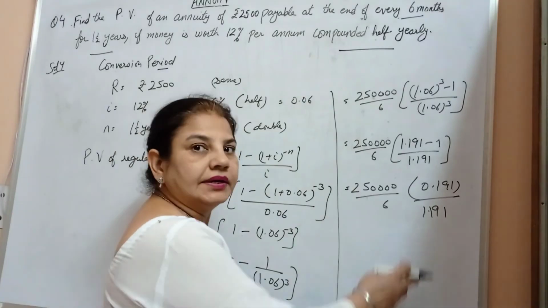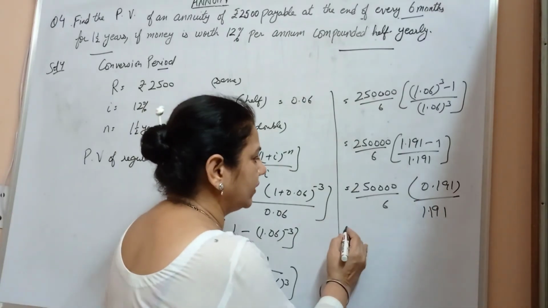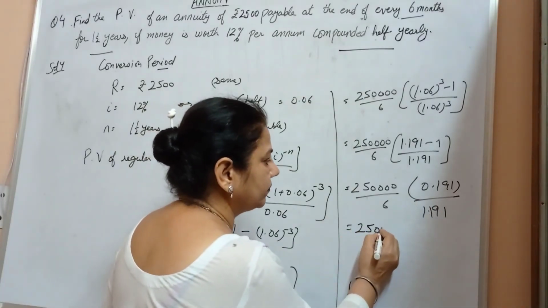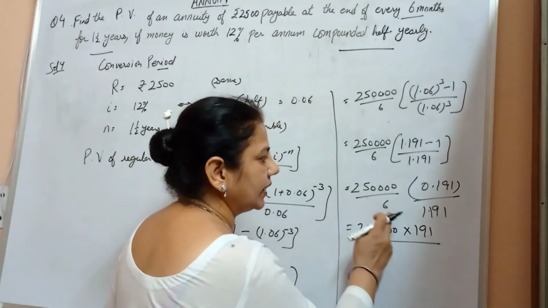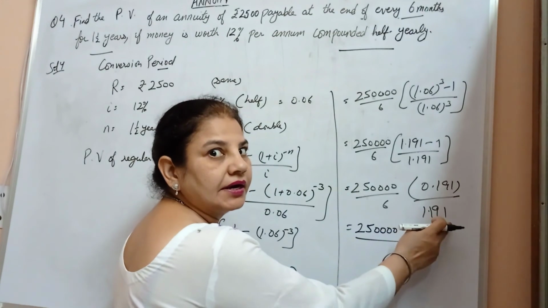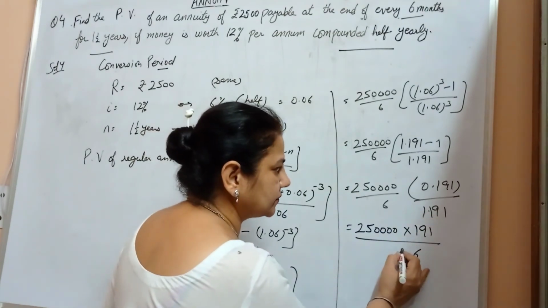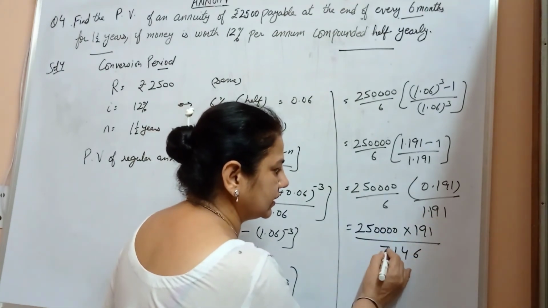That is 0.191 upon 1.191. Decimals cancel out. We have 250,000 into 191 divided by 6 into 1191, which is 7146.